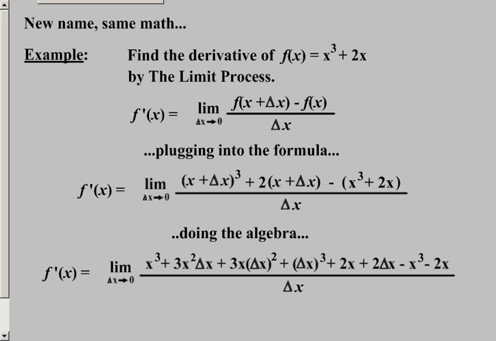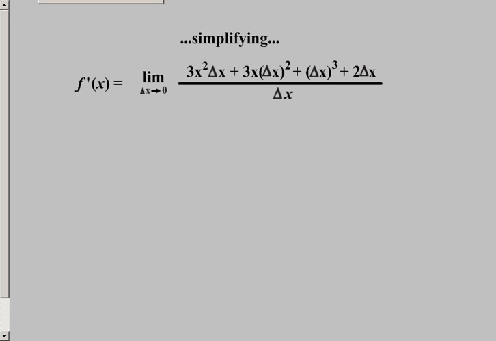Okay, so what we're going to have now is a situation where a lot of stuff is going to cancel. So we're going to be looking for like terms to see what will join together. And in the end, we're going to end up with 3x squared delta x, 3x delta x squared, 3 delta x, delta x cubed, and then a pair of delta x's, all over delta x.